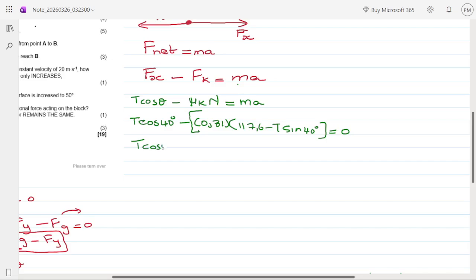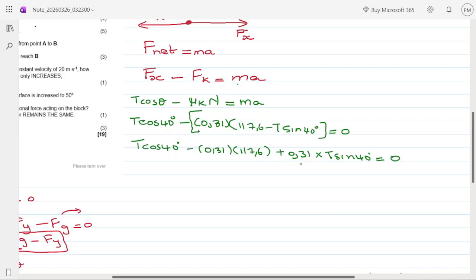This will be T cos 40 degrees minus 0.31 multiplied by 117.6, close the bracket. Then this will be plus 0.31 times T sine of 40 degrees, and this equals 0.